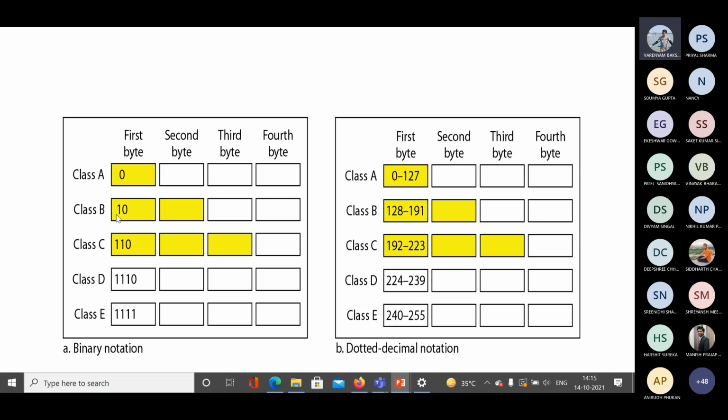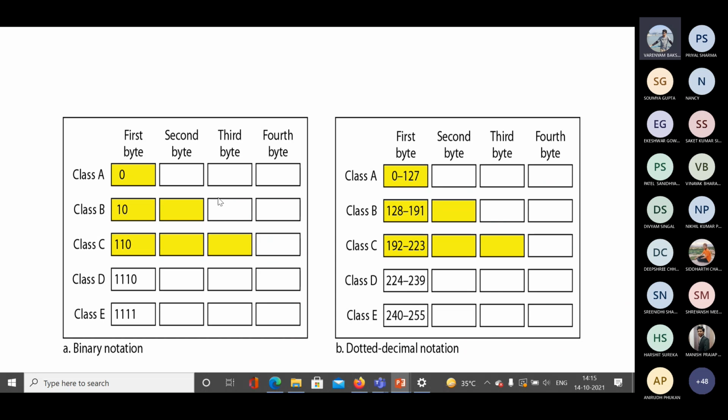Similarly, if the first two bits are 1 and 0, then if the first byte was between 128 and 191, it fell under class B. From 192 to 223 fell under class C, from 224 to 239 was under class D, and from 240 to 255 was under class E.